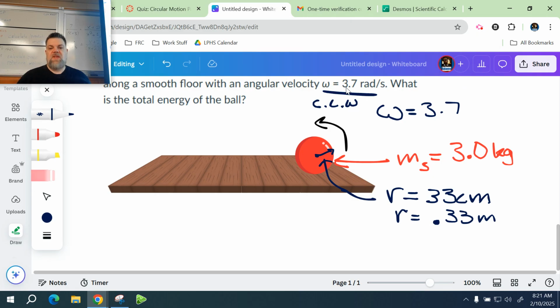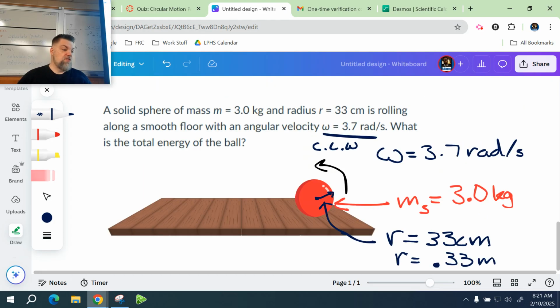Truthfully, I'm being a little particular about this because I want you guys to know that there are positive and negative rotations. So because they gave us an angular velocity, and it's positive, it's counterclockwise. And that's radians per second, and it's already in radians, so we're good there.